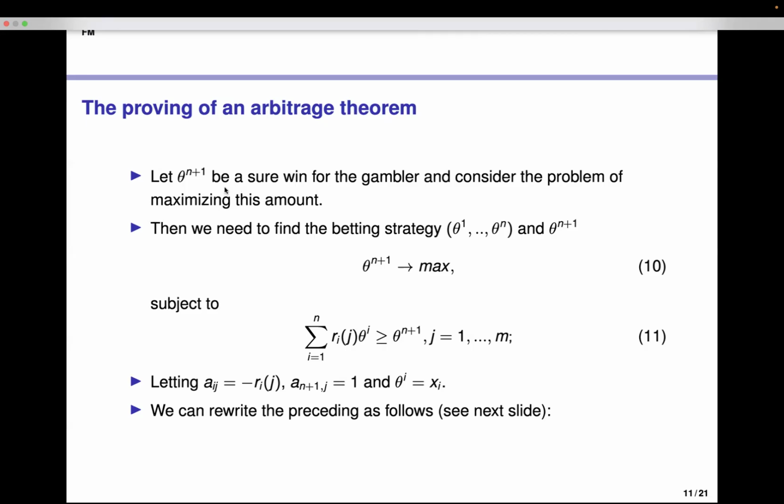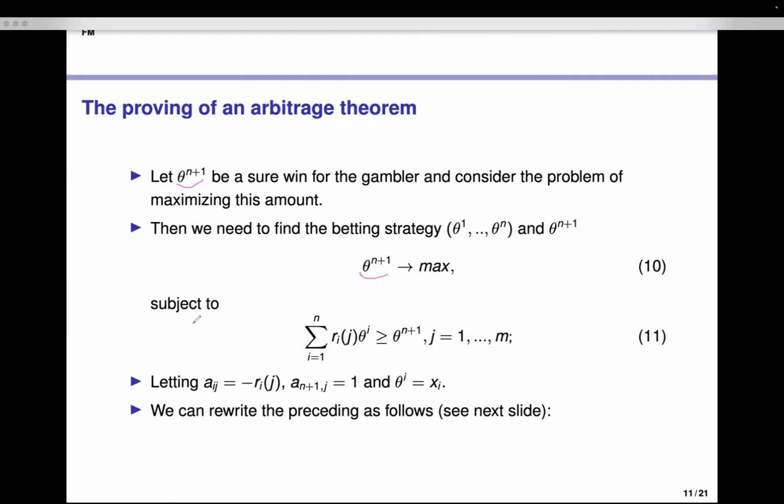If it is a sure win, we would like it to be maximum. And consider the betting strategy theta 1, theta 2, theta n. It is how much money is involved in the first bet, in the second bet, in the nth bet. So it's our objective function.